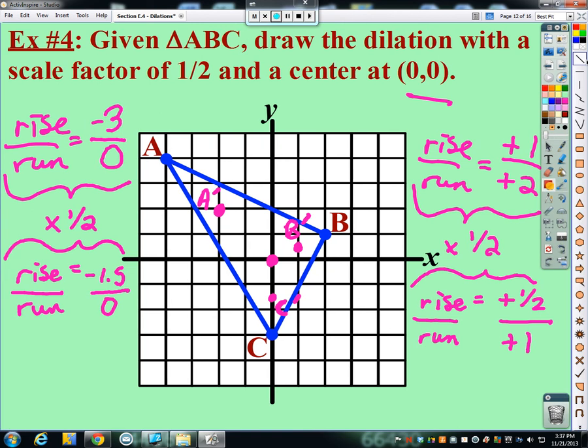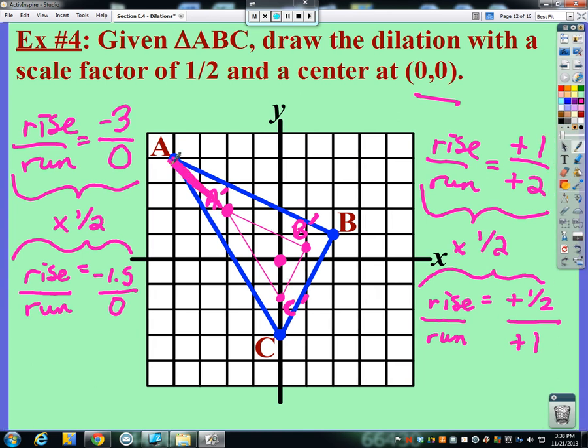Now we just need to connect our dots. So A prime, B prime, B prime, C prime, back to A prime. And you can see that our A prime, B prime, C prime, our image triangle, is kind of shrinking towards the center at 0, 0. Okay, and it's pretty much halfway, if you notice.